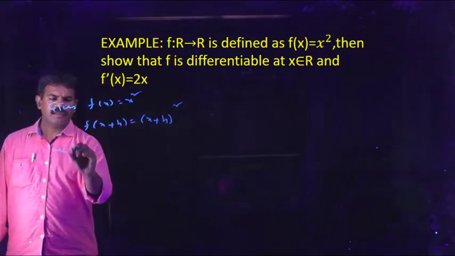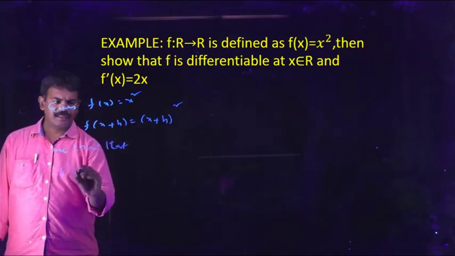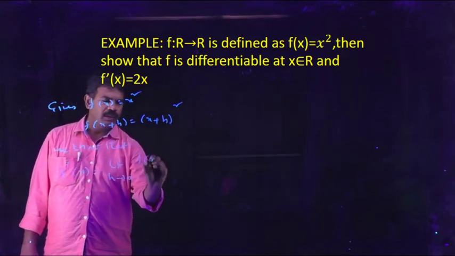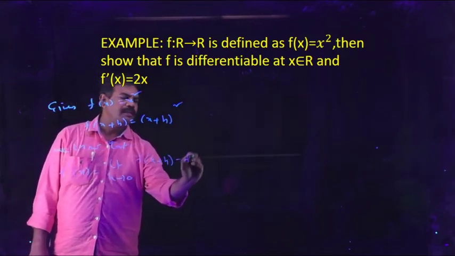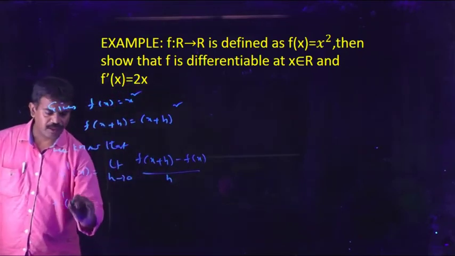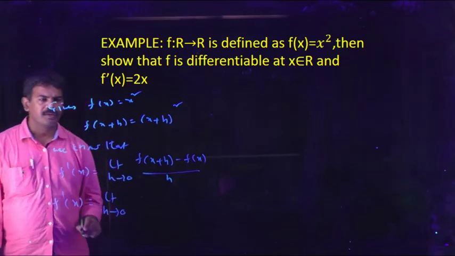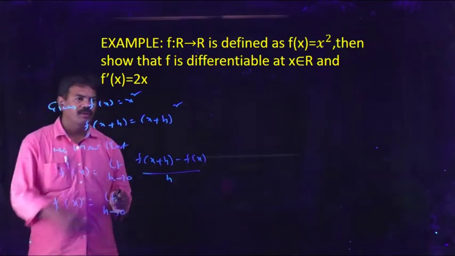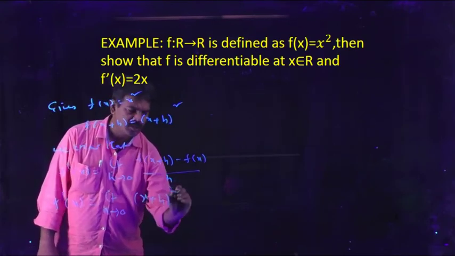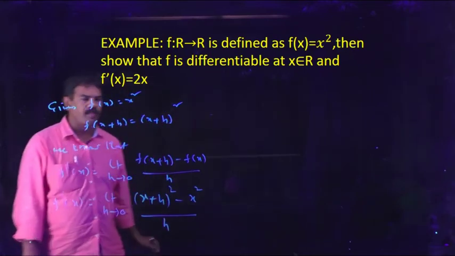We know that f dash x is equal to limit h tends to 0, f of x plus h minus f of x by h. Applying the values in the formula, we get f dash x is equal to limit h tends to 0, f of x plus h means x plus h whole square minus f of x means x square by h.